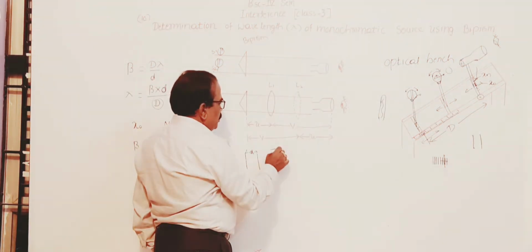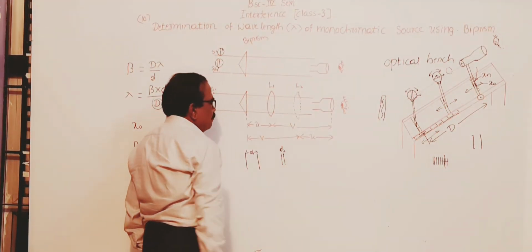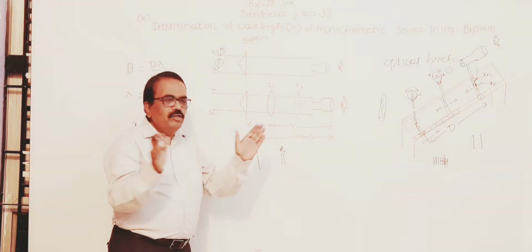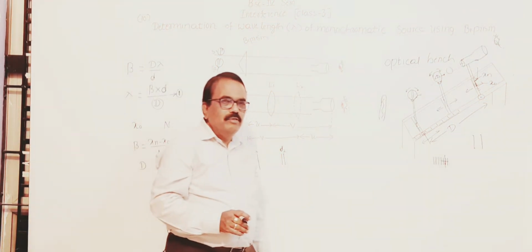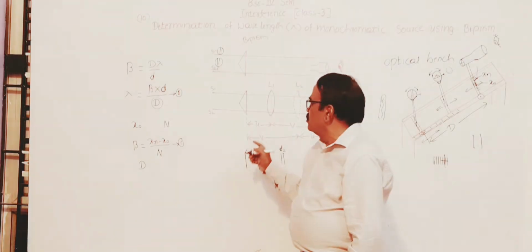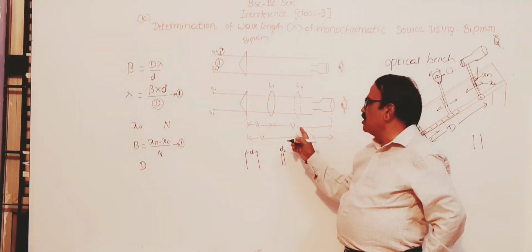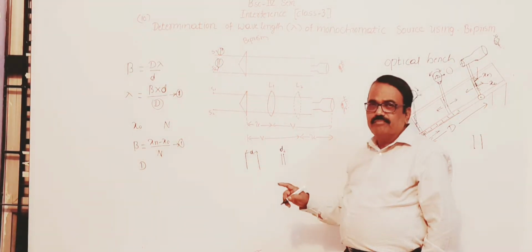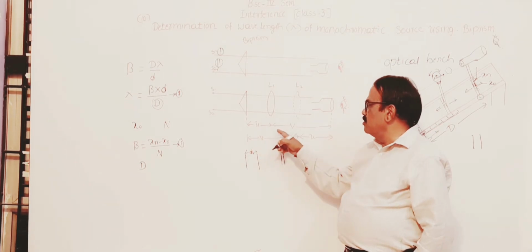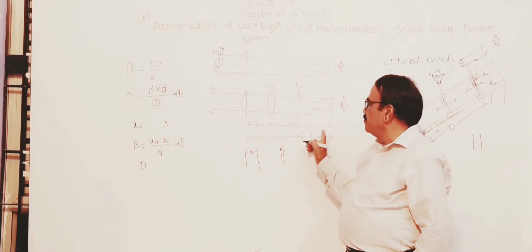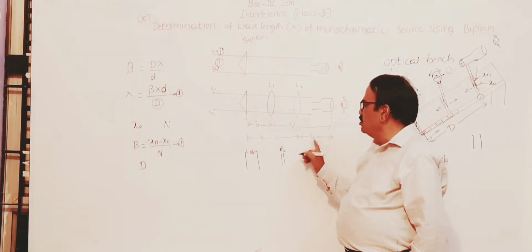Then once again measure this distance d2. So an enlarged and a diminished image appear. So when the object distance and image distance change, see here, one is u, v, and this is v and this is u.